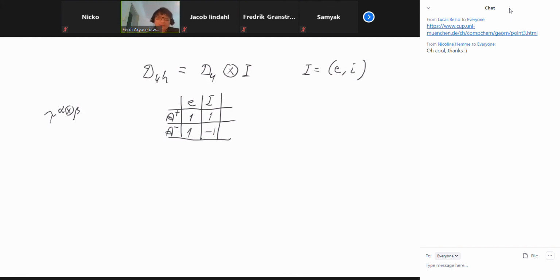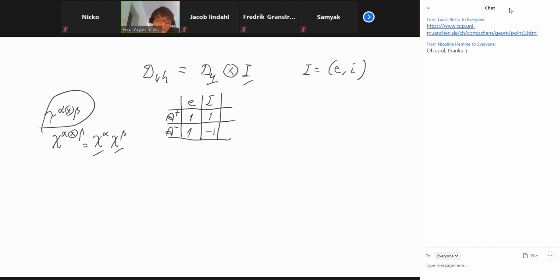It's easy to show that the character of this direct group is just the product of the characters of the individual groups. So the character of D4 and the character of I. Then, as we did in the lecture, we showed that the reduced representations of the direct product are given by the direct product of the reduced representations.